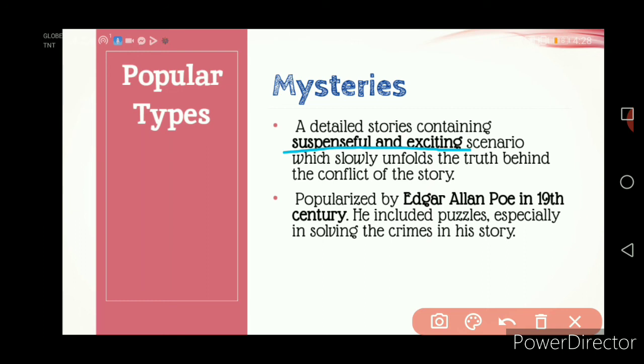Early mystery books were popularized by Edgar Allan Poe in the 19th century. It included puzzles, especially in solving the crimes in his story. Edgar Allan Poe is a writer famous for his adult literature with mysteries.